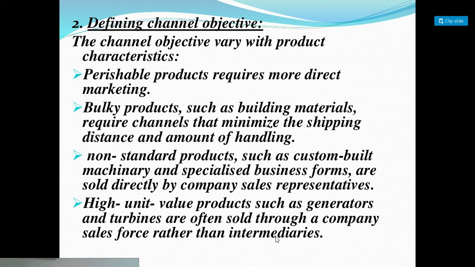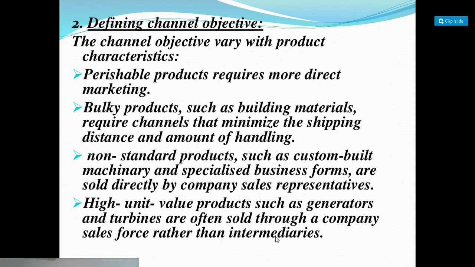So next we have to define the channel objectives. The main objective in channel design varies with different characteristics. Perishable products require more direct marketing, and non-perishable goods, that means bulk products such as building materials, require minimizing the shipping distance and amount of handling. It will consume some time and the cost will be very high, and the customers will be fewer, compared with the smaller amount of goods being sold in the market.